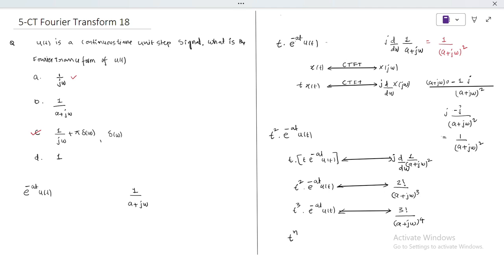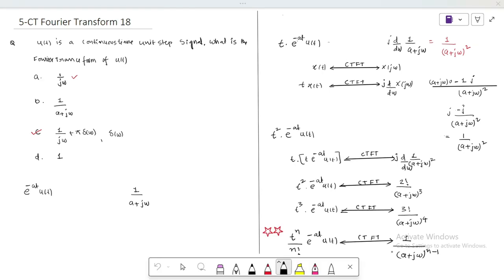So t to the power of n by n factorial, or n minus 1, n minus 1 factorial, e power minus a t into u of t equals 1 by a plus j omega to the power of n plus 1.